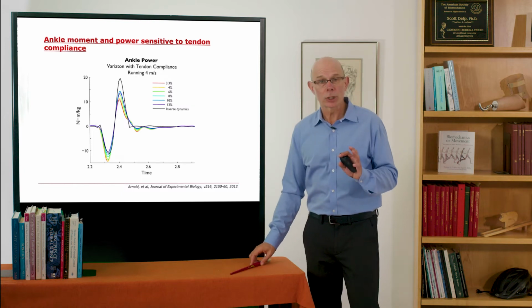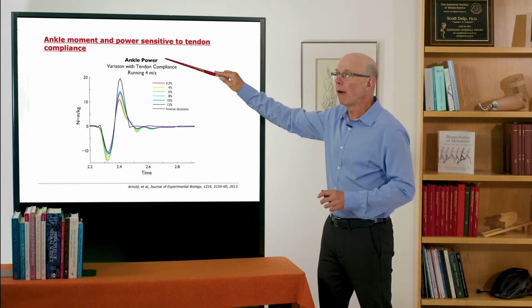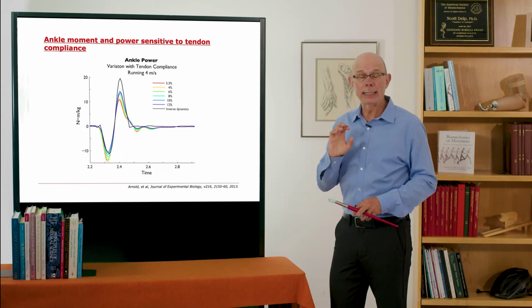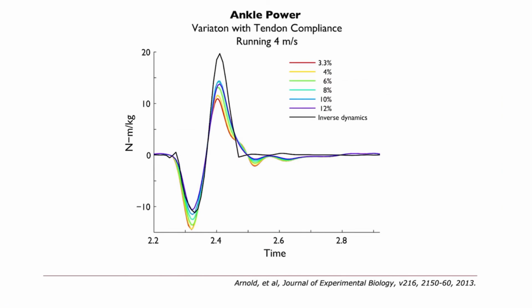So what we did was a sensitivity study where we computed the ankle power for a variety of different tendon compliances or tendon stiffnesses. One where tendon stretched about 3% when the muscle was generating its maximum force, all the way up to 12% when it was generating maximum force.